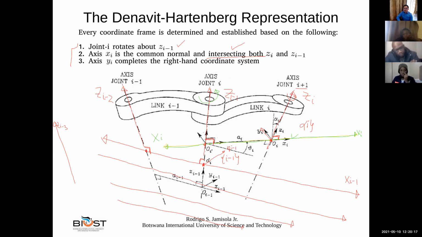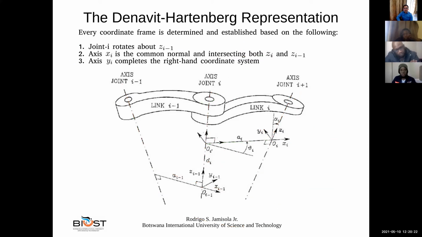Okay, let me change this one. That's a good point. I want to remove everything so that you will know. For example, if we have one joint, this is one link, and it rotates about, this is your base frame, it rotates about that.